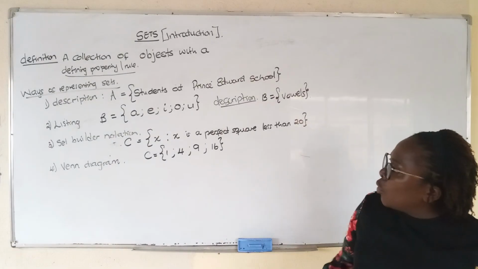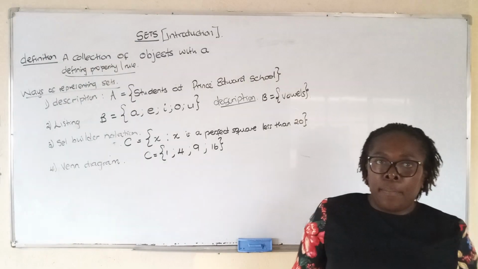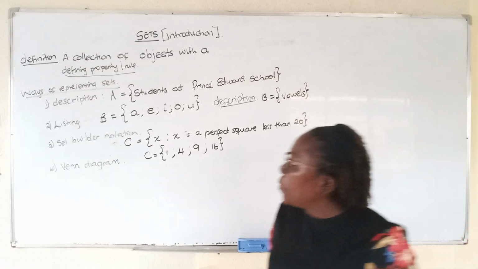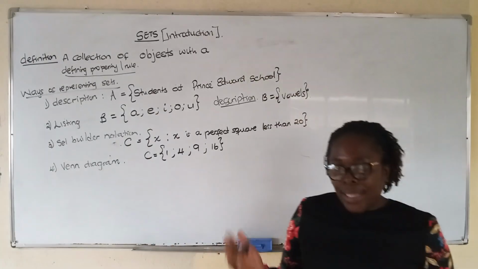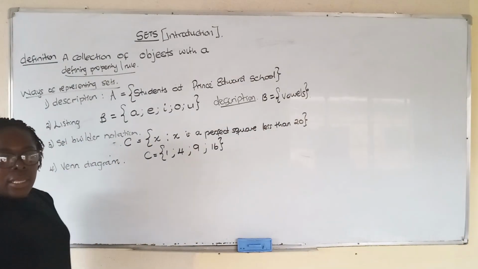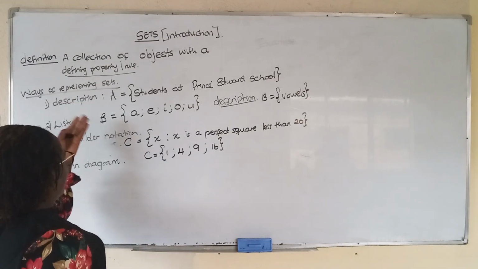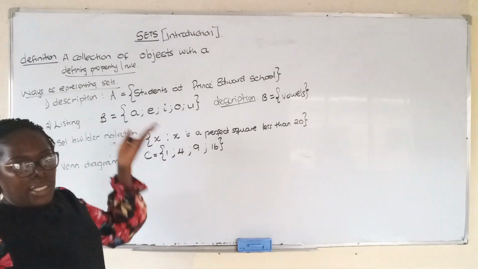Now the last but not least way of representing sets is the Venn diagram. This is a pictorial representation of a set. So this is how we represent a set as a Venn diagram. Let's assume we take the set B, which is the set of vowels.